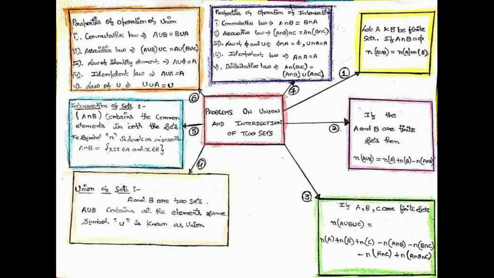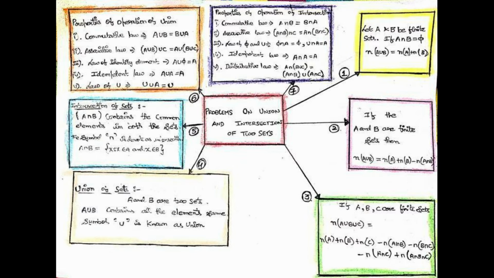Sixth point, properties of operation of union. First, commutative law, that is, A union B equals B union A. Second, associative law, in brackets A union B union C equals A union brackets B union C. Third, law of identity element, that is, A union phi equals A. Fourth, idempotent law, A union A equals A. You can call it idempotent law or the way you can pronounce.